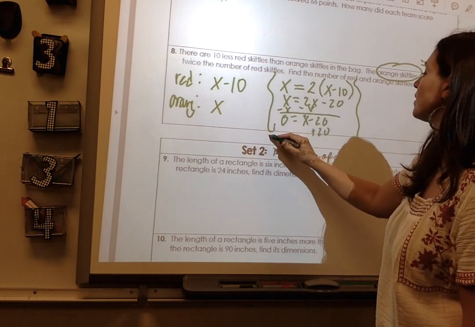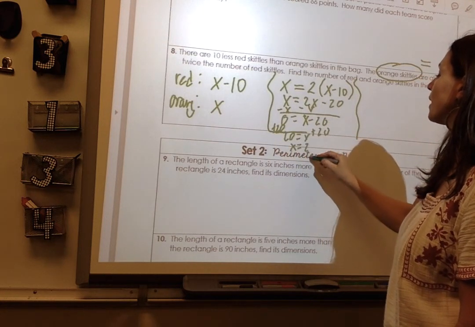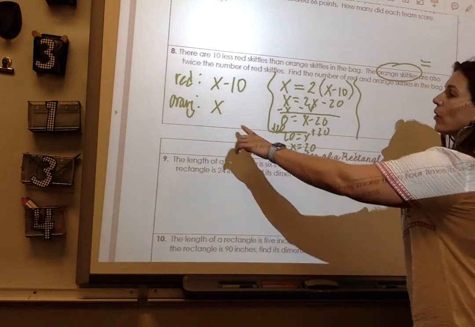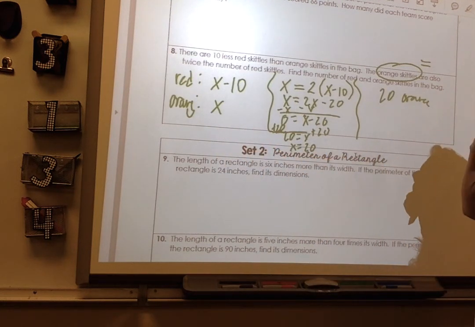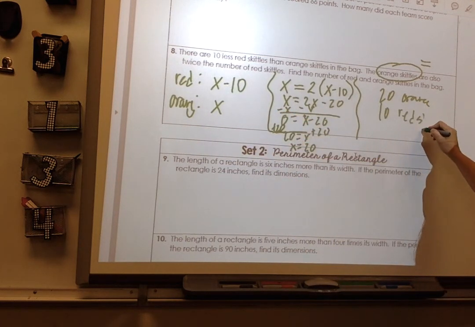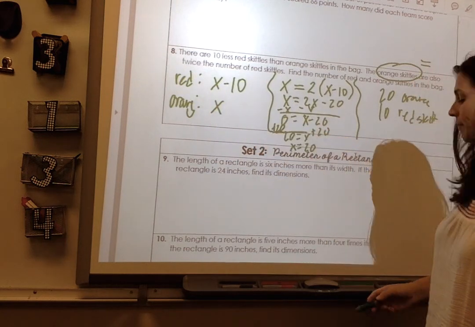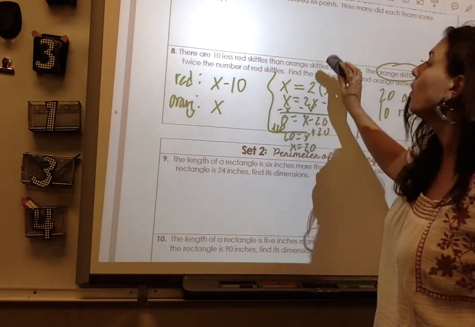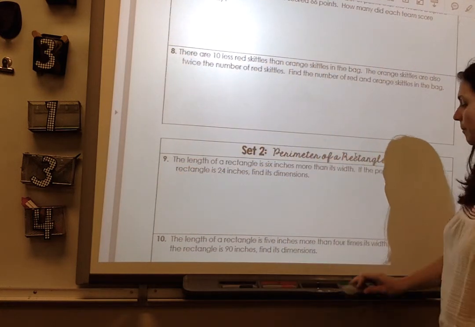Add 20 to both sides. 20 equals x. Do a little symmetric property to get x equals 20. So there are 20 orange Skittles, and there's going to be 10 red Skittles because I plugged 20 in for x minus 10. All right, so hopefully that'll get you through that first part of the word problems.